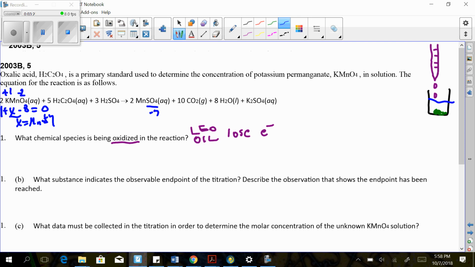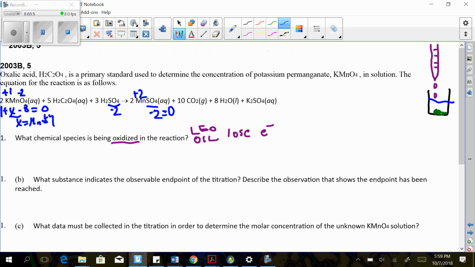So that whole thing is a -2. I have sulfate here and I have sulfate there. Sulfate didn't really change, so I can just keep that all together and say it's a -2. But if this is a -2, it's a neutral compound, the manganese right here must be a +2.